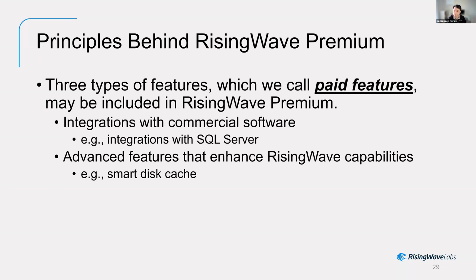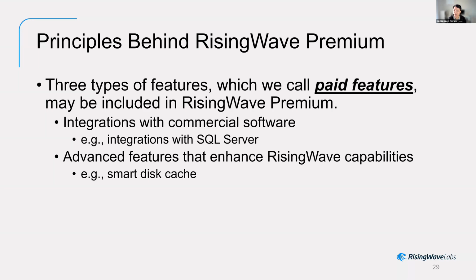Everyone knows that, right? But some people will say, well, can I make things even cheaper? So look, RisingWave open source is already a lot cheaper compared to any other system. But essentially, in RisingWave Cloud, we can make things even cheaper by using some mechanisms like the smart disk cache. I will mention it later.